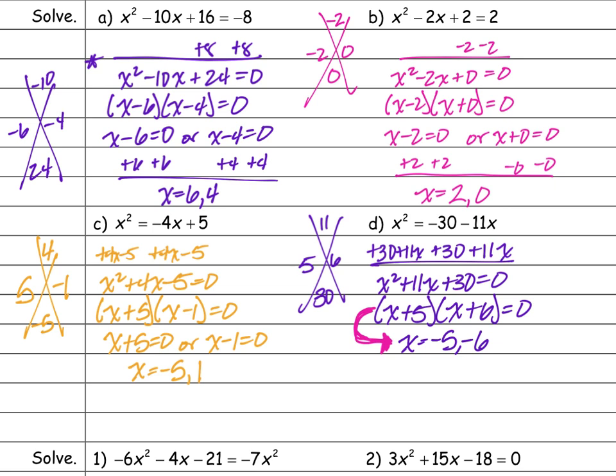What's the difference in the numbers? You can look at all of them. What's the difference between the numbers in factored form and the numbers in my answer?